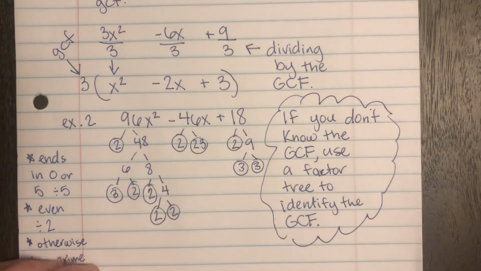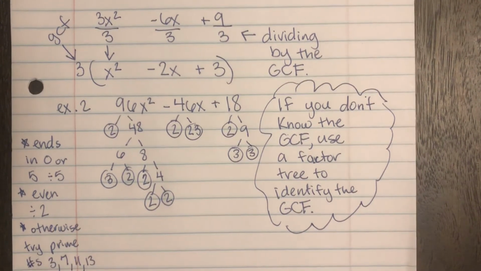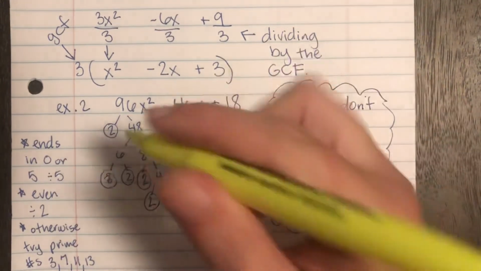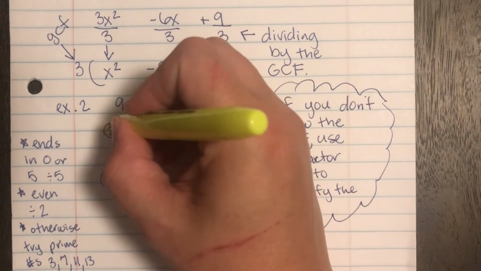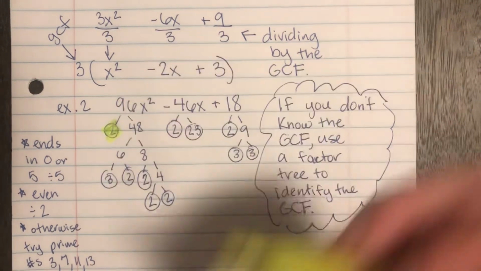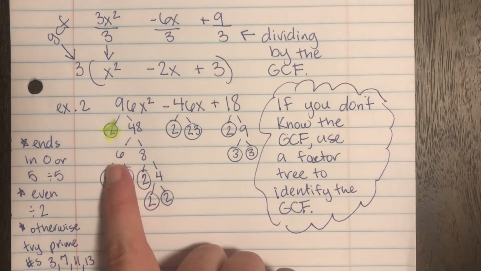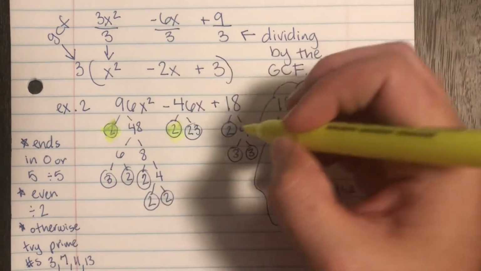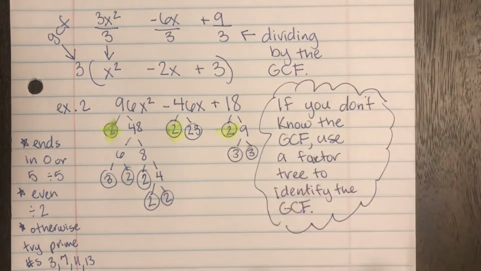All right, so I'm going to use my highlighter, and highlight what they all have in common. If I have this 2 right here, I'm going to look for any other 2's in the other problem. I knew that this one was divisible by 2 and this one was divisible by 2.